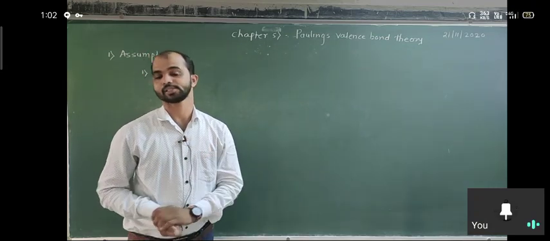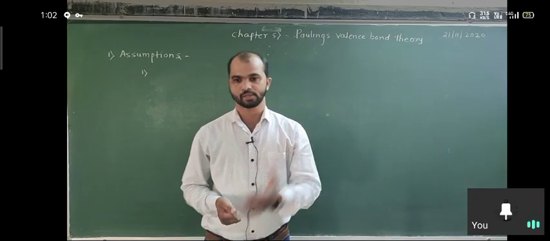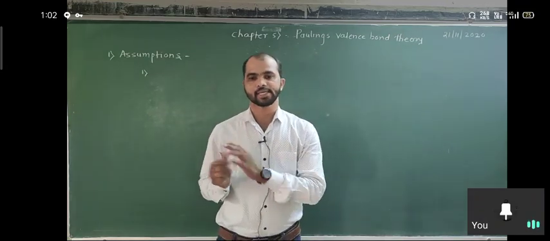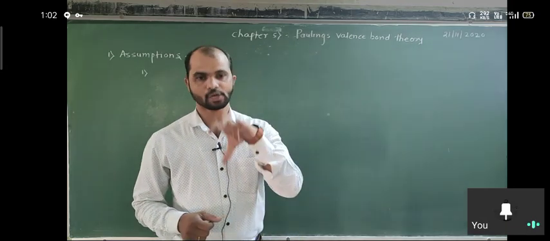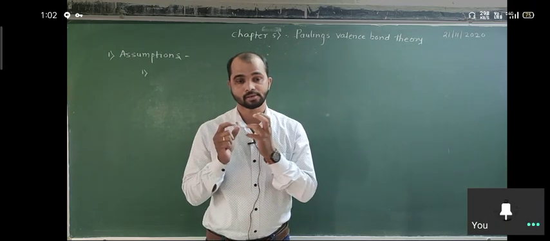हे पहिलं assumption आहे. दुसरं बघा, for the formation of a strong bond, between the central metal atom or ion and the ligand, the overlapping of metal orbitals and ligand orbitals should be as effective as possible.